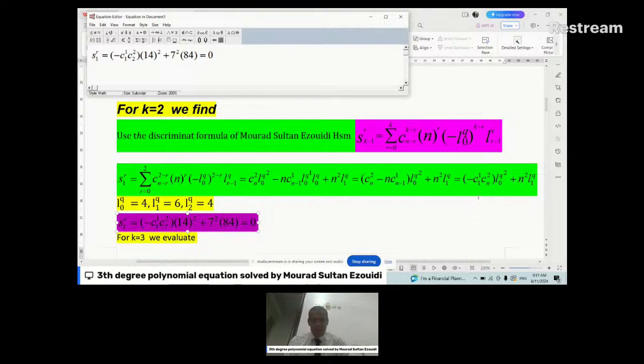The formula is negative C1, 1, n choose 2, where n is the third degree, so it will be 3, times 4 squared plus 3 squared, which is 9, times 6. This has to be equal to 6. I'll check with my calculator: negative 3 times 16 plus 9 times 6. This is equal to 6.